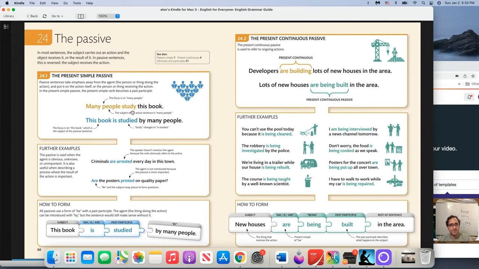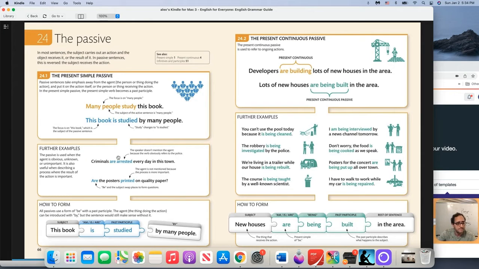And notice what happens to study. It is studied. This book receives the study. Many people study this book. This book is studied, and I can put by here to add the subject back in. This book is studied by many people. What happens in this? It changes the focus from the doer to the receiver.